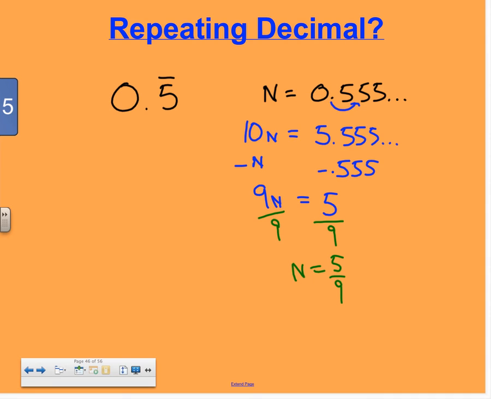Now, I noticed a pattern. Check this out. This is cool. Try this. 0.5 equals what? 5. What place is this in? Tenths, right? So it's 5/10. 0.5 repeating was 5/9.